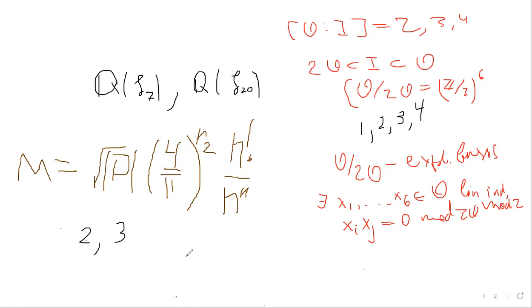I'm sorry, 2 splits, but 3 does not split. It was my mistake. Yeah, okay, you're saying 2 splits and 3 does not split. And what does 2 split into?